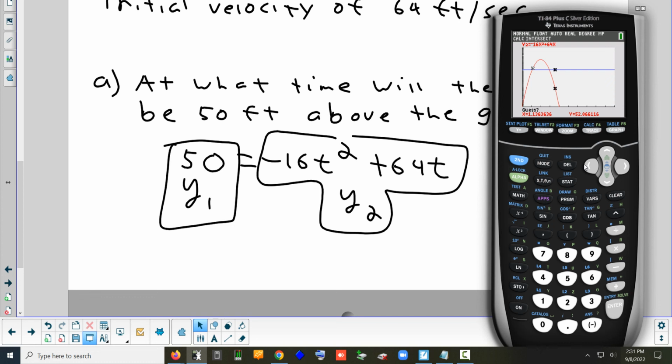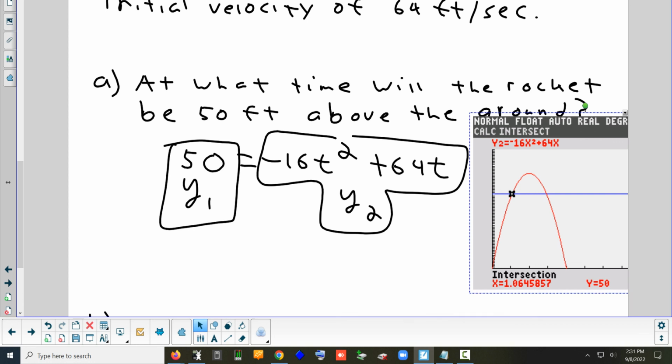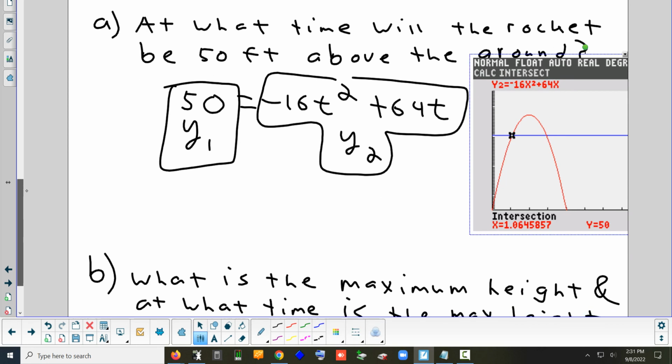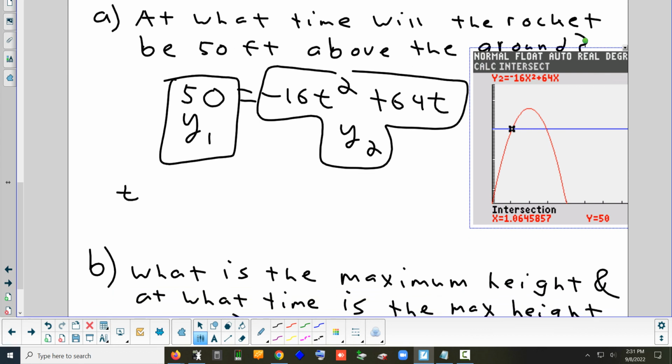I'm closer to the left. I hit enter, and it tells me that on the way up, my object will hit a height of 50 feet at 1.06 seconds. That's on the way up. And how about on the way down? Does anyone have the time?